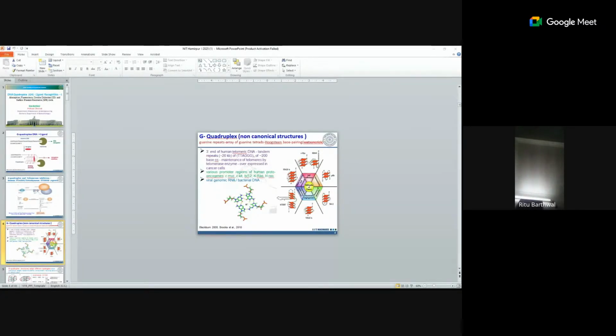A very typical one that was found was the HIV virus. HIV has GGG repeats, and there are certain sections and certain genes which are essential for the survival of the virus that contain G repeats and form G quadruplex DNA. Similarly, bacterial DNA, I will give you one example at the end tomorrow in the evening class.